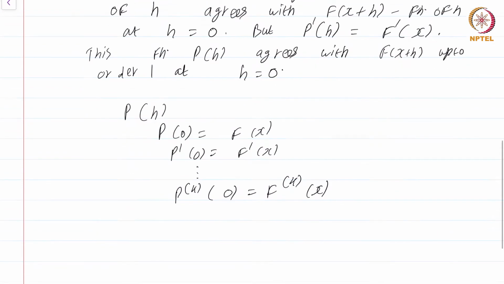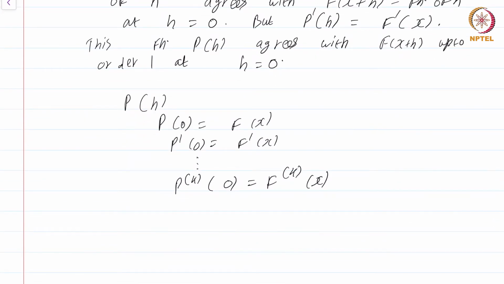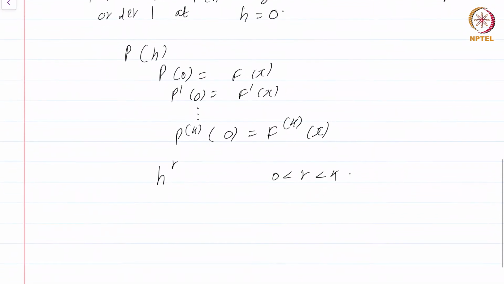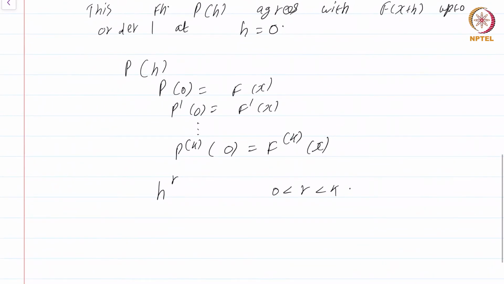Okay. Now, if you think about this for a moment, you will soon understand that it might be a good idea to use these special monomials of the form h to the r, for r between 0 and k. Look at these special monomials h to the r.